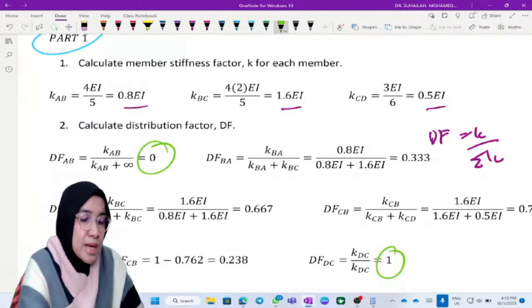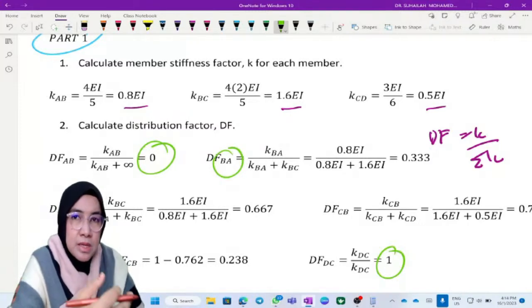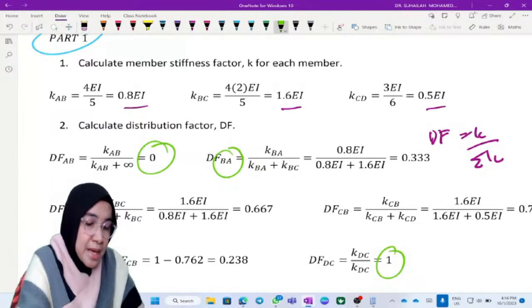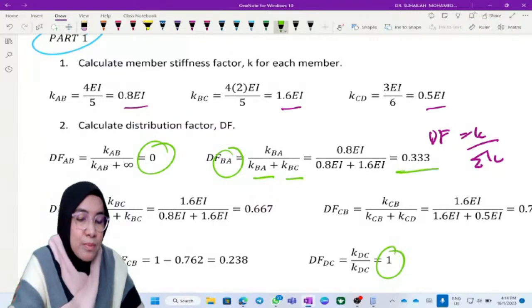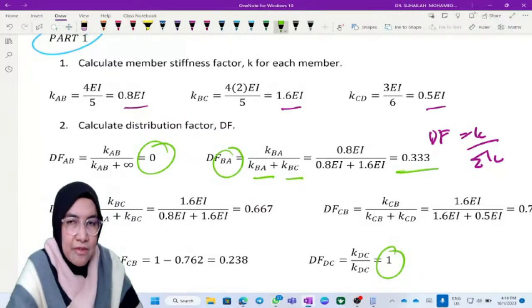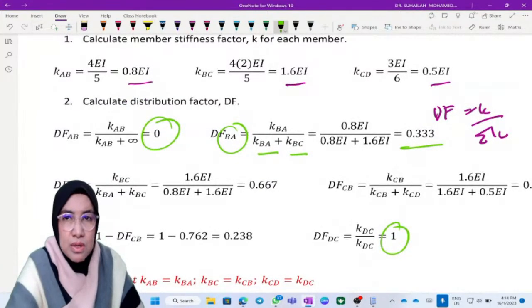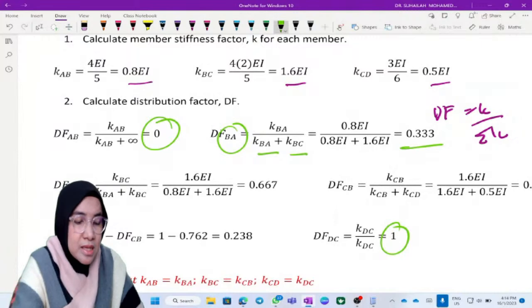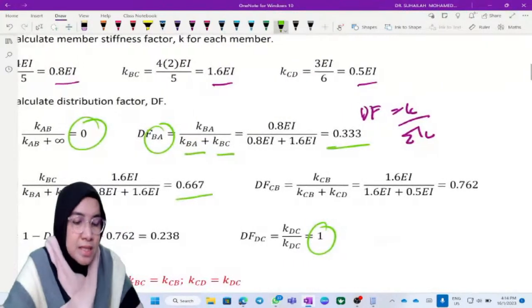If we want to calculate DF for BA, the total means BA plus BC. So we get 0.333 for DFBA, and for BC we automatically know the answer because it is 1 minus 0.333, which gives 0.667.